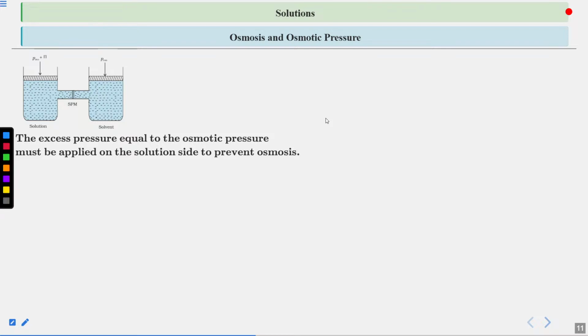Now here is a diagram showing how we can stop osmosis. If we apply pressure on the left-hand side, the flow from lower concentration to higher concentration is stopped. If we apply a pressure which is stopping this flow, then that pressure is called osmotic pressure. It is very simple to understand.